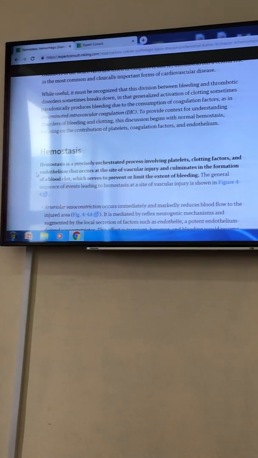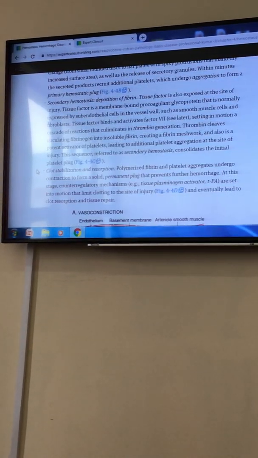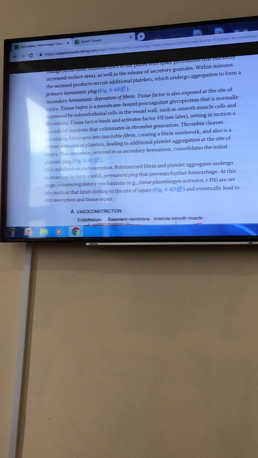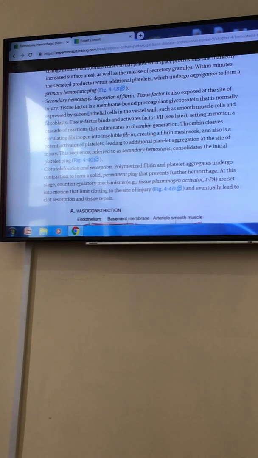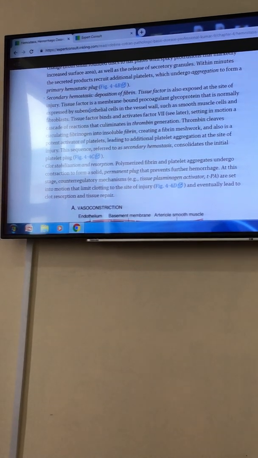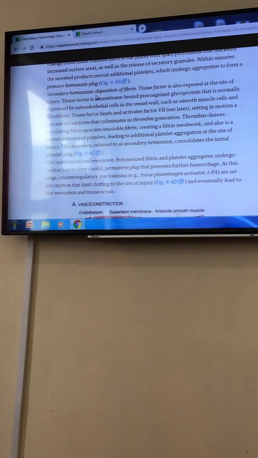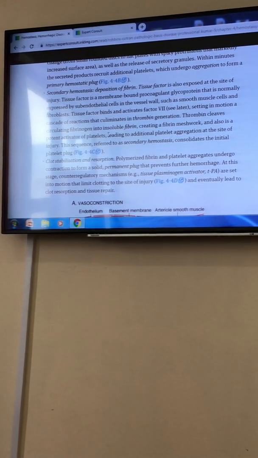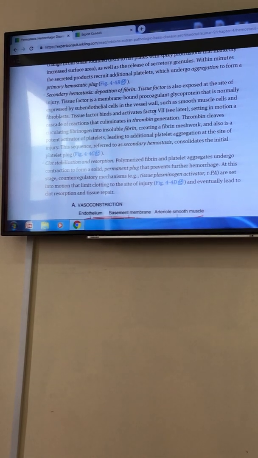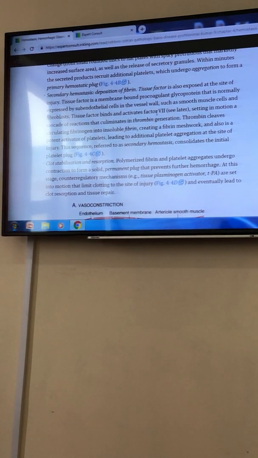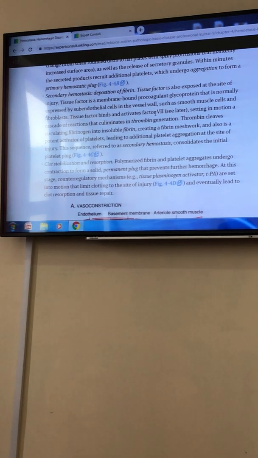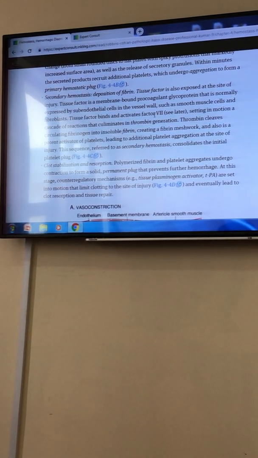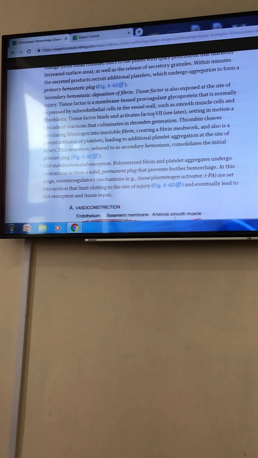But in a patient that has coagulation factor deficiency such as hemophilia, the type of bleeding in a secondary hemostasis defect is different. The type of bleeding is bleeding in cavities, in joint spaces, for example. A patient with hemophilia, when he has trauma to his knee, will have hemarthrosis.